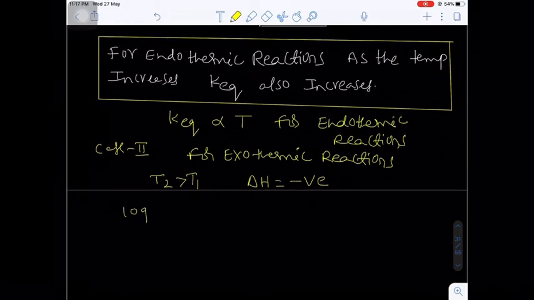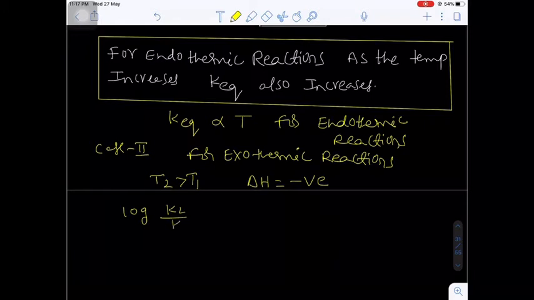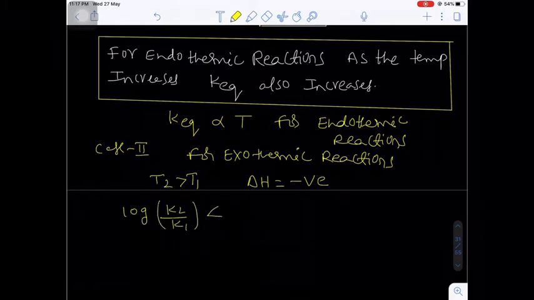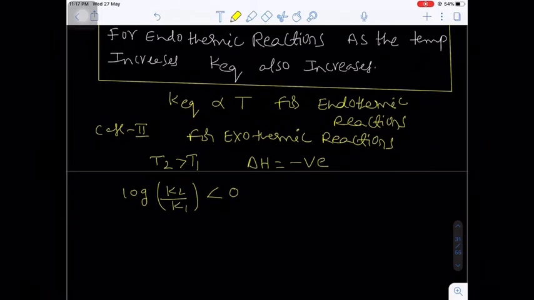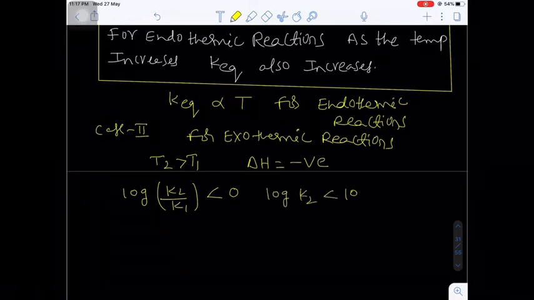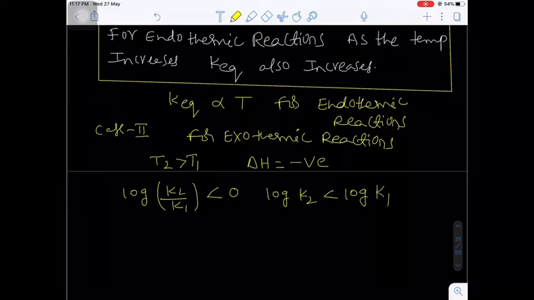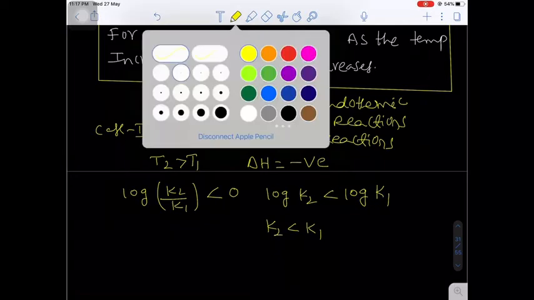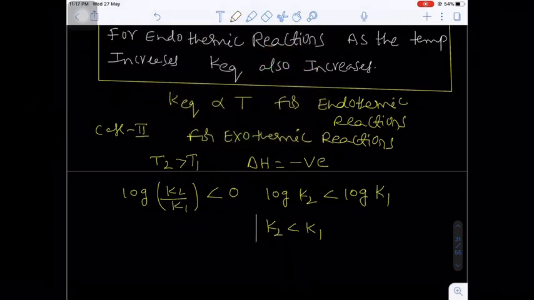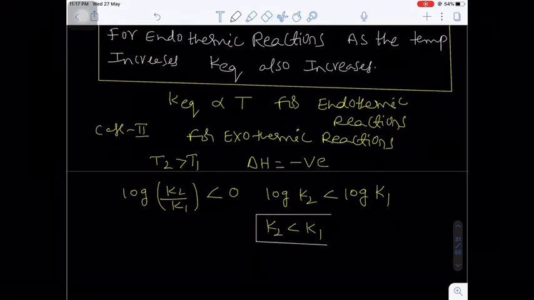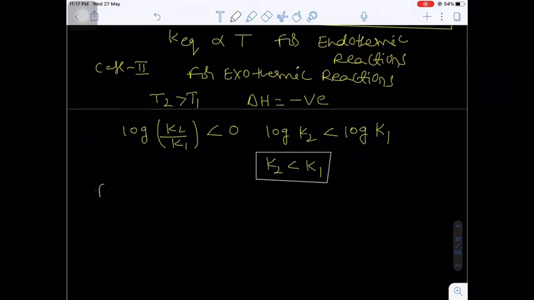If the delta H value is negative, that means the logarithm of K2 upon K1 should be less than 0. That means log of K2 should be less than log of K1. That means K2 should be less than K1. This is for exothermic reaction. What happens in exothermic reaction? As the temperature increases, the equilibrium constant decreases.